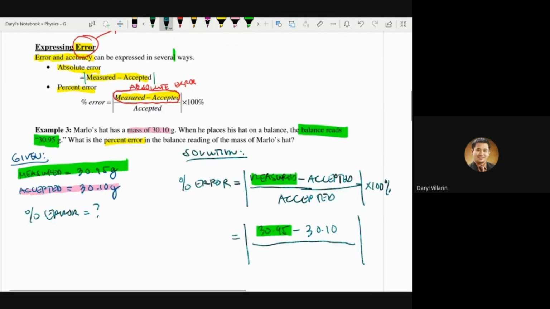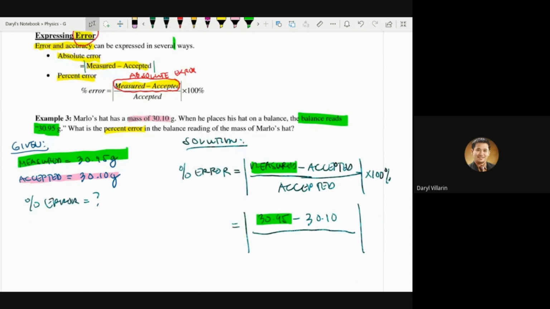divided by the accepted. Yes, it matters if you somehow interchange these two values. Maybe the absolute error will give you the same value. However, when you try to get the percent error, remember, it would be divided by the accepted value. And if you interchange these two values here, for sure you'll get a different value for the percent error.